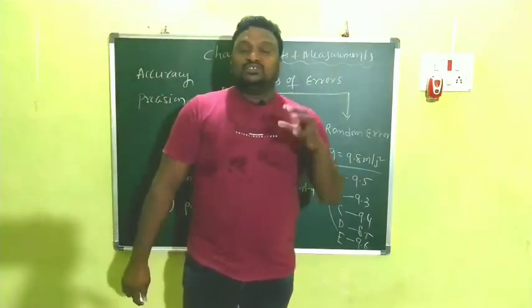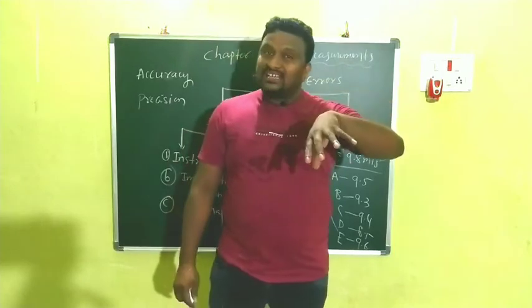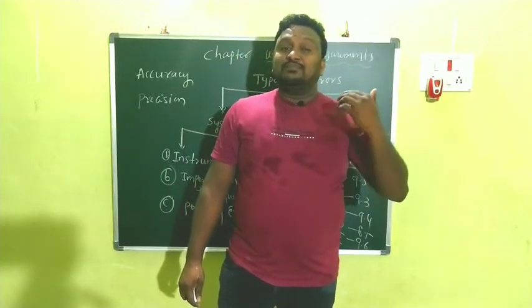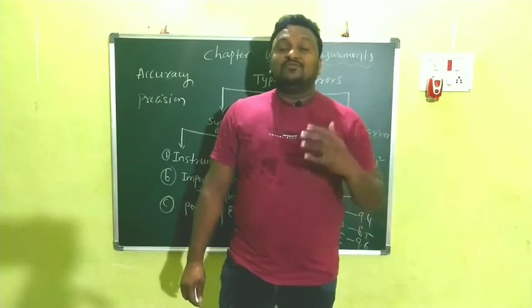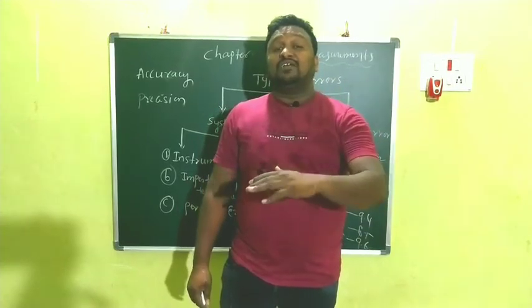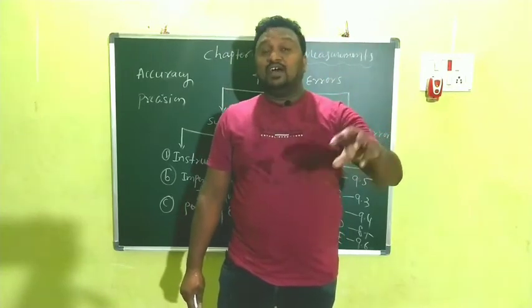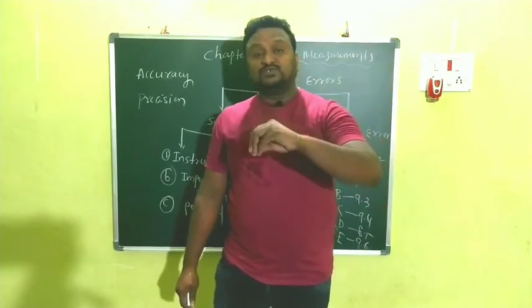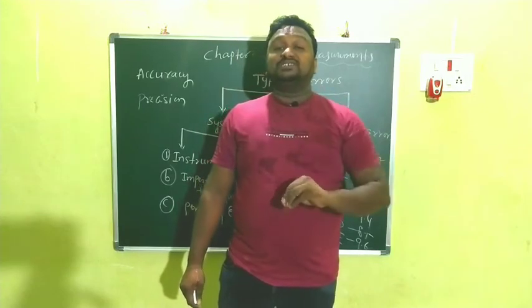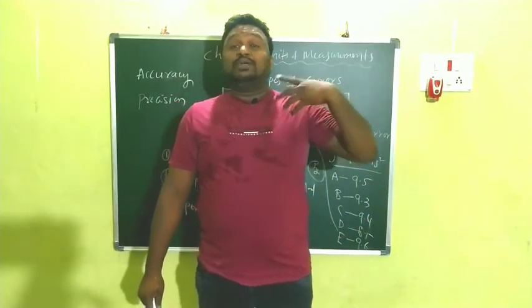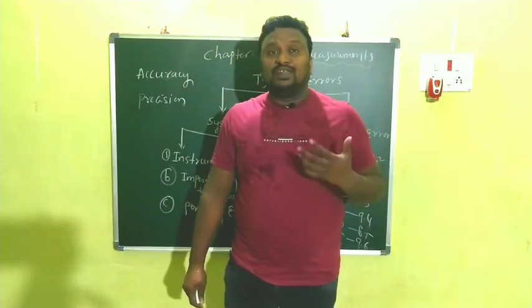Clear? The students perform one activity, one experiment. The experiment we gave is finding the acceleration due to gravity by using a simple pendulum. Already we know that the value of g is 9.8 meter per second square. So we have to verify it by doing an experiment in our laboratory.